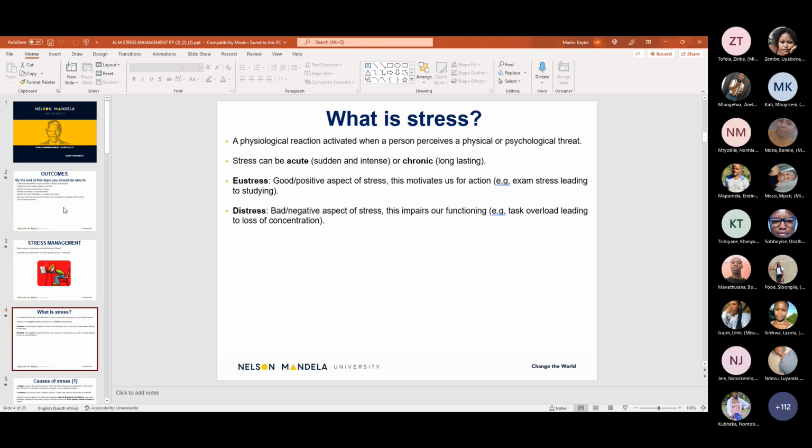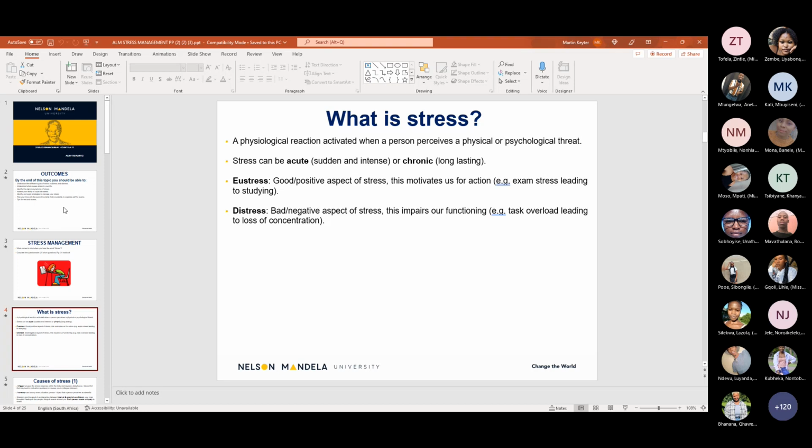It can be experienced as negative because the stressor does not go away, and all of a sudden you feel you're lagging behind in terms of revision. You have not planned how to scaffold your preparation for assignments that are due, and all of a sudden you feel an overload of tasks, as well as impaired concentration. So this can be the downside.